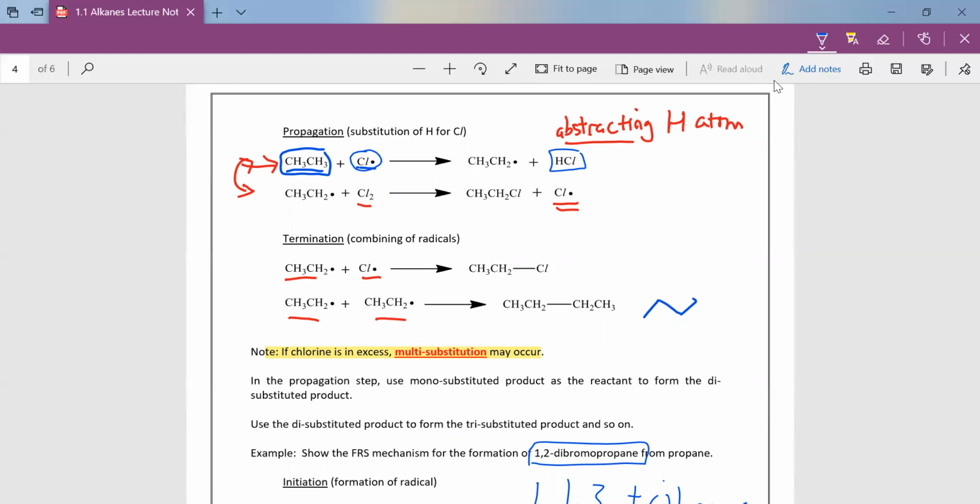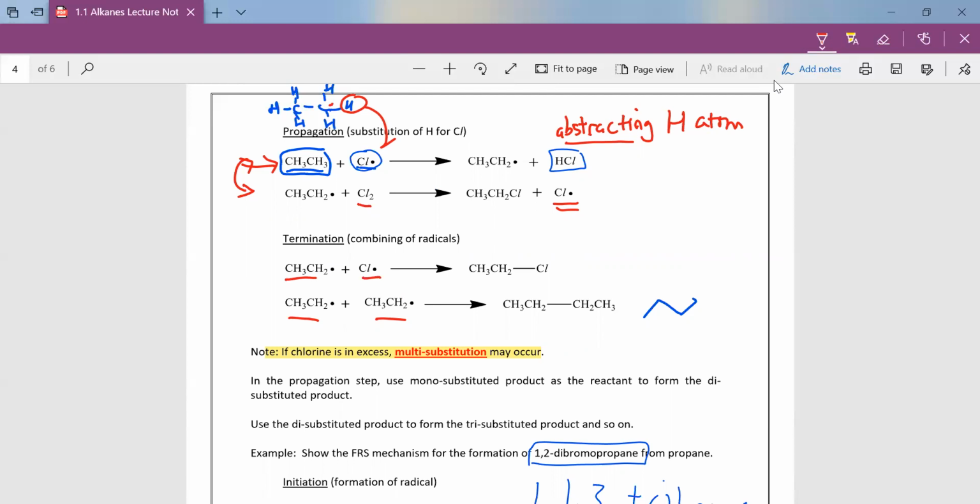If you can visualize it, your alkane, if you draw it out, CH, CH, CH. What the chlorine actually does is that it pulls out one of these hydrogens to join with it. That leaves you with one of the bonding electrons on carbon.